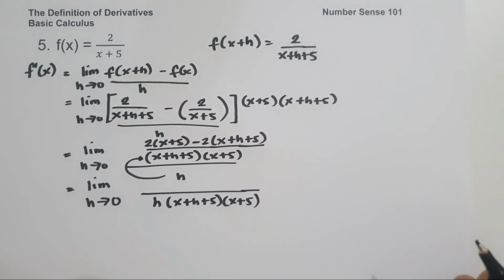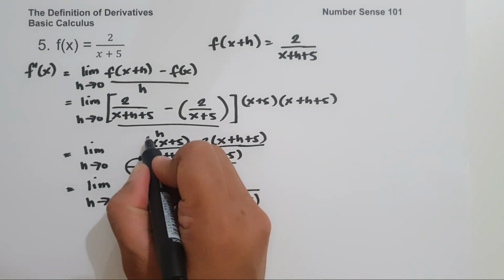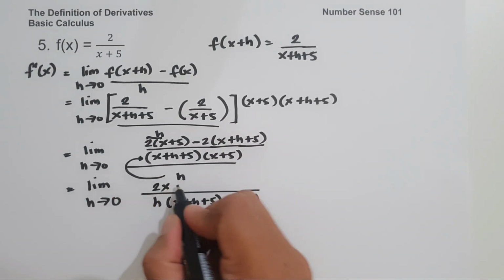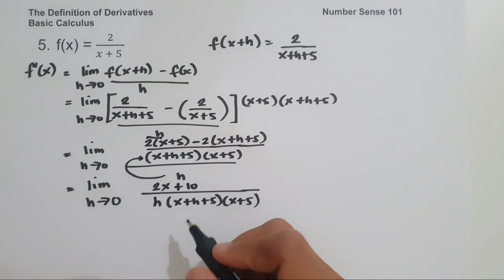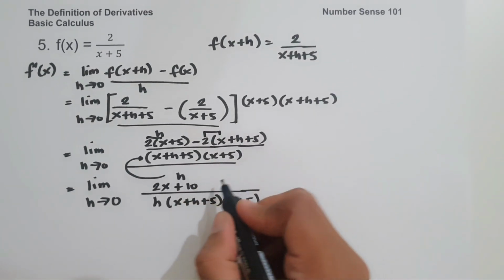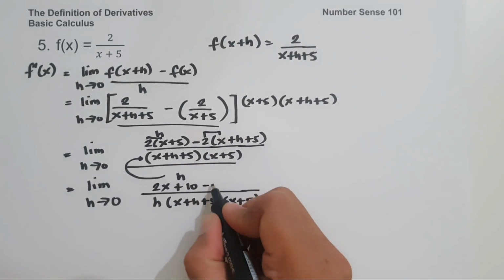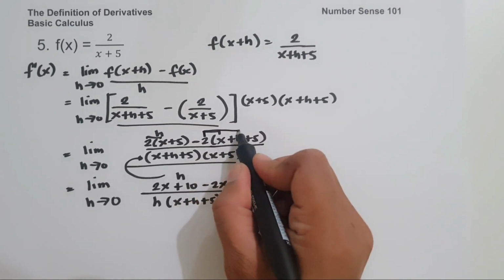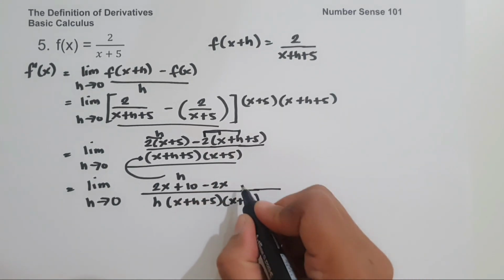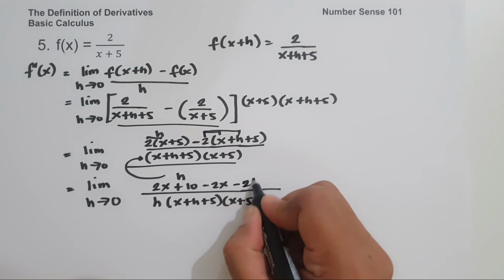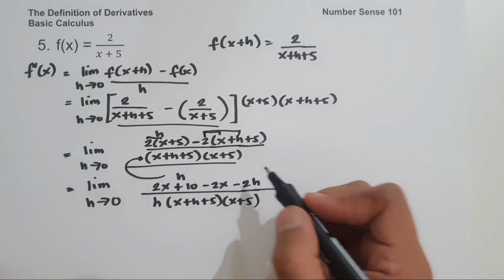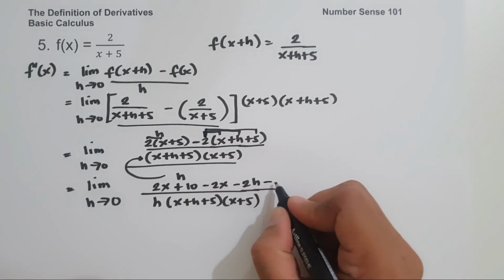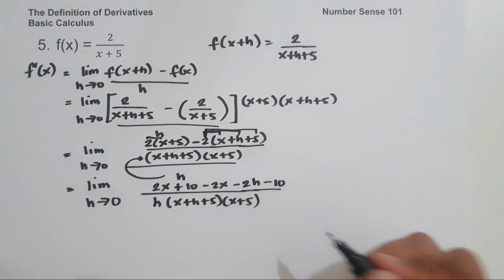And let us simplify the numerator. 2 multiplied by x is 2x. 2 multiplied by 5 is 10. Negative 2 multiplied by x is negative 2x. And then negative 2 multiplied by h, that is negative 2h. And then we have negative 2 multiplied by 5 is negative 10.